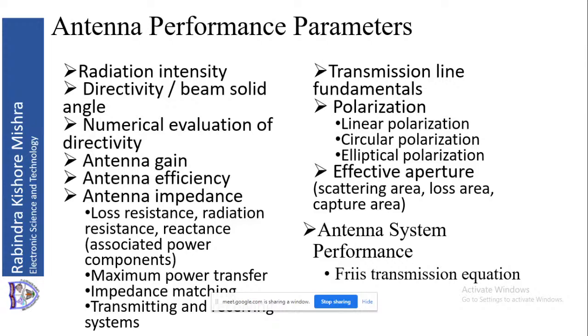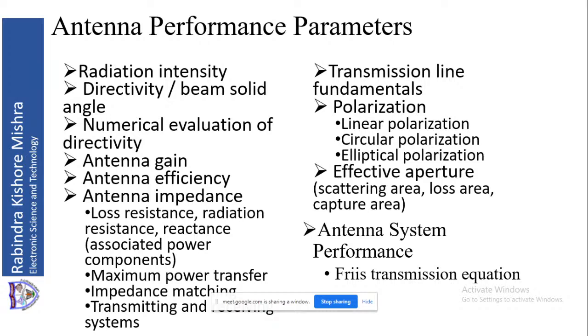Then some knowledge of transmission line, because that determines the reactive part of the antenna and the resistive part of the antenna, which includes the radiation part. That is why transmission line is important. Just brush up the fundamentals, particularly the formula for Zin.